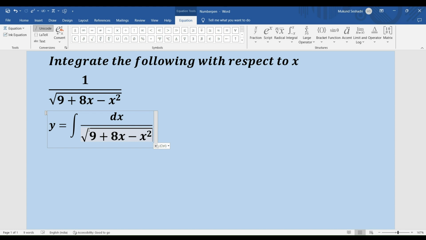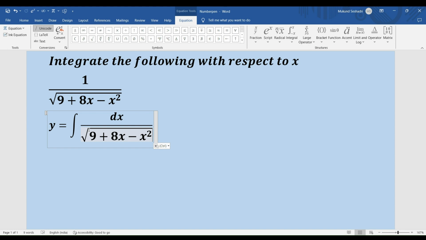Now I notice that I have a quadratic expression inside the square root, right? So like we have done in the previous videos, the idea is to reduce y to the format integral of dt by square root of x square minus a square, right? But wait a minute.